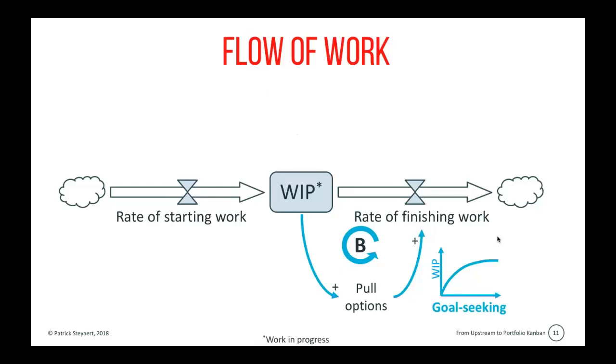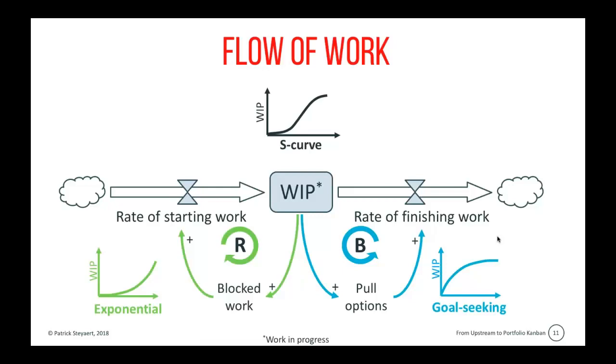So that's the balancing loop. It's the goal-seeking behavior. The end result of the composition of those two is an S-curve, as we would expect from systems dynamics, but also as we see in reality.